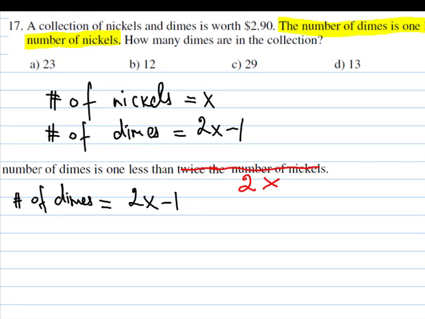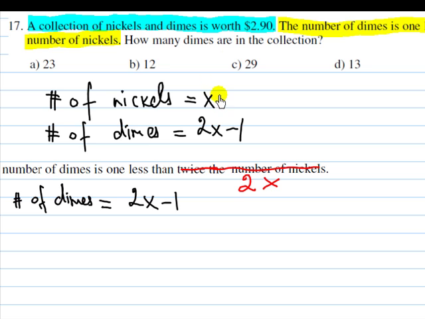Next information that we haven't used yet is that a collection of nickels and dimes is worth $2.90. A collection of nickels and dimes means the total. All the dimes and nickels together is $2.90.